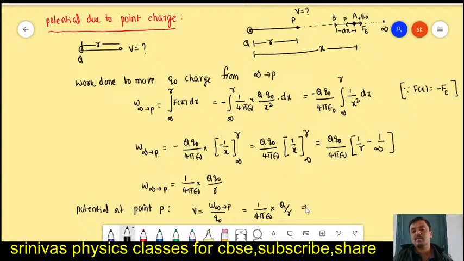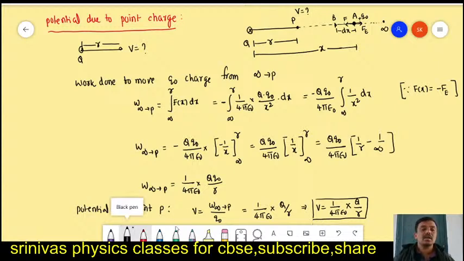This is the formula for the potential. The potential at point P, the formula we got, is 1 by 4 pi epsilon naught into capital Q by r. Now this is the derivation for the potential due to a point charge.